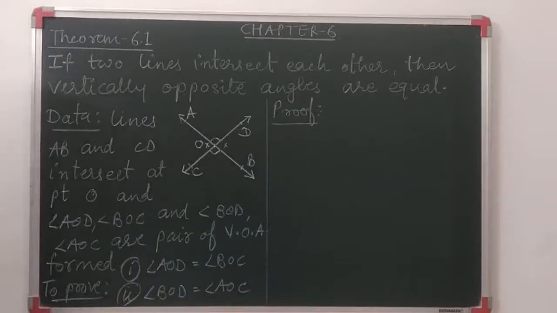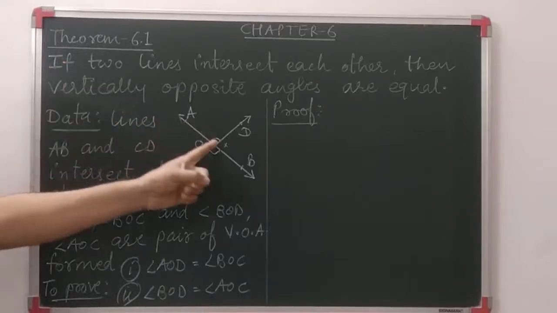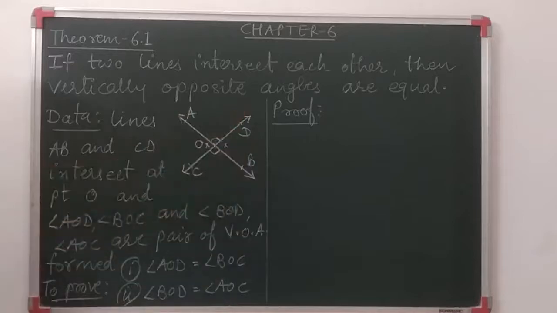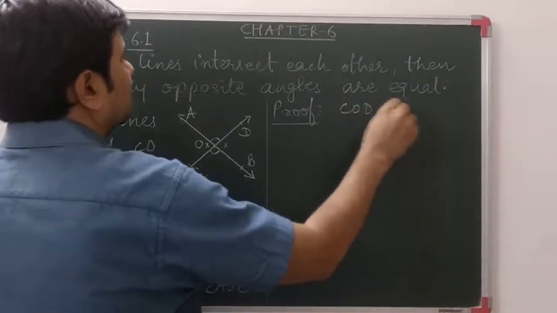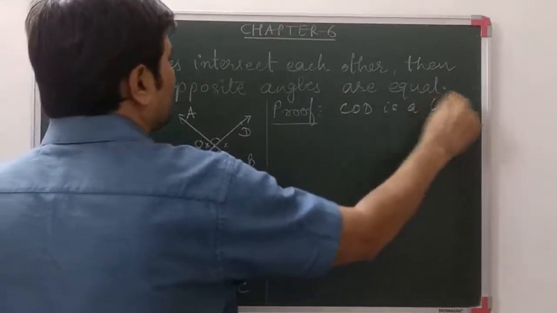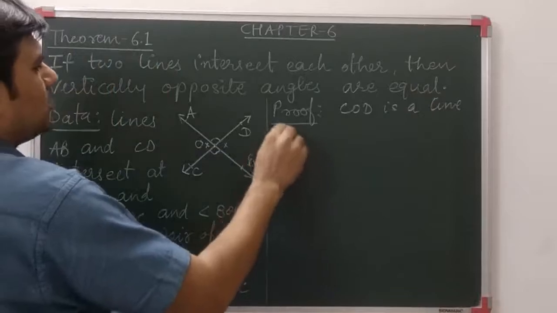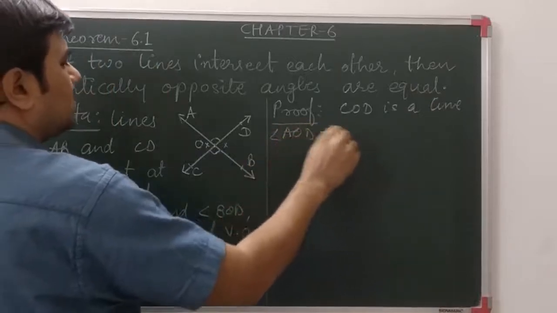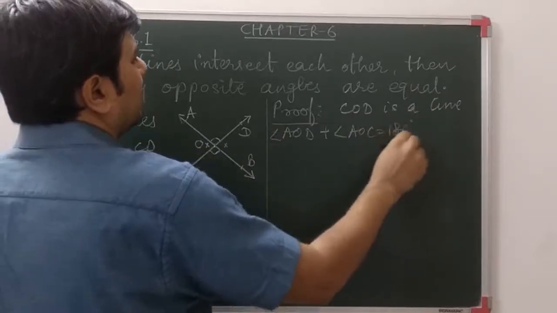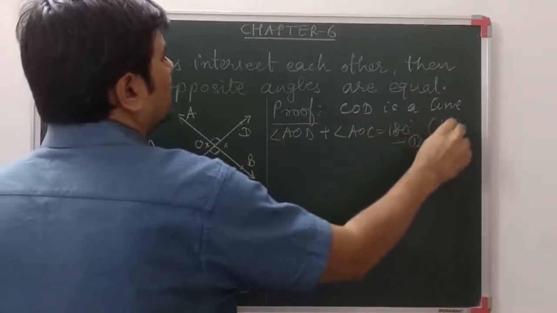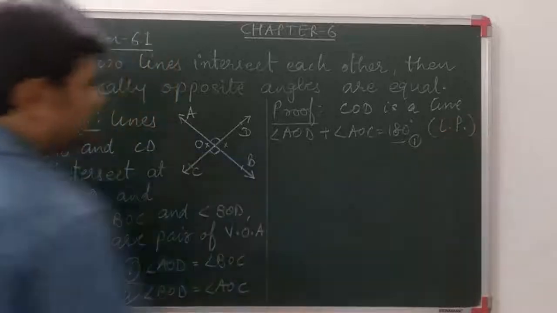Here you can see that angles AOC and AOD are forming a linear pair. So let's note it down as COD is a line. So we can say that AOD plus AOC is equal to 180. Let me give this equation 1 and I'll write down the reason: they are forming a linear pair.